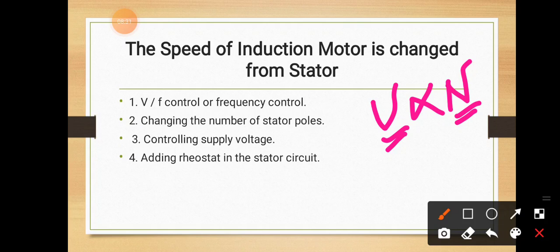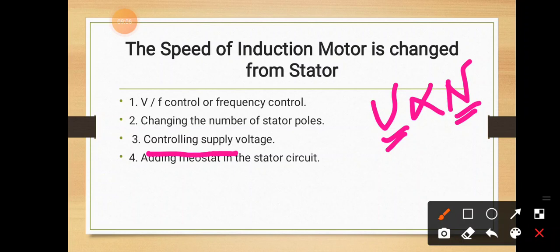That is because of the change in supply voltage. We don't change the supply voltage ourselves, but because of some technical issues at the supply end, the voltage is reduced, and because of that the fan motor will run slow. That is one example. So you can control the supply voltage and thereby control the speed of your induction motor.